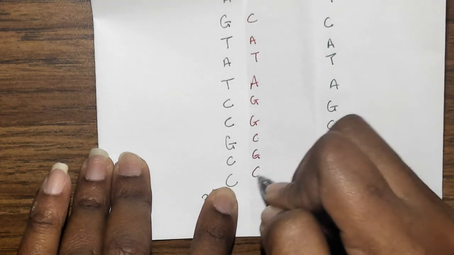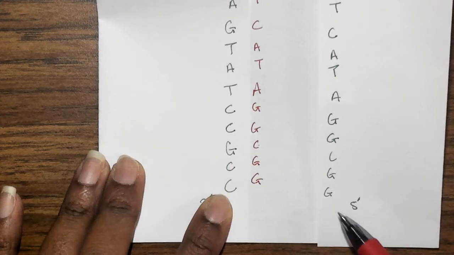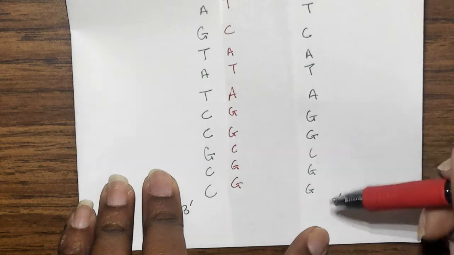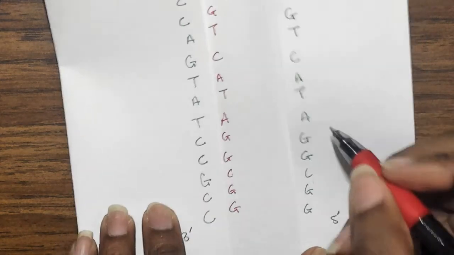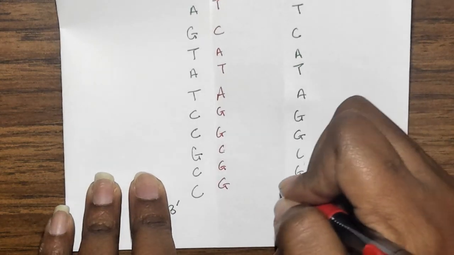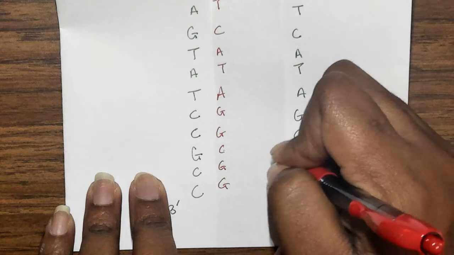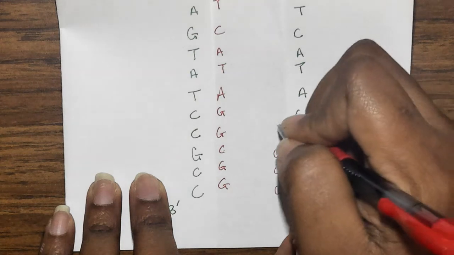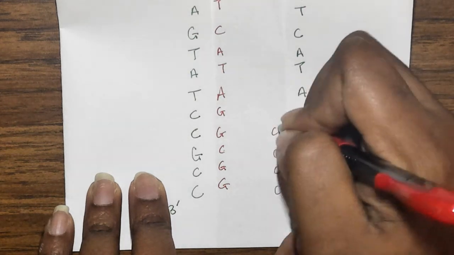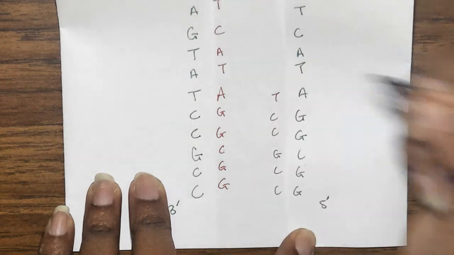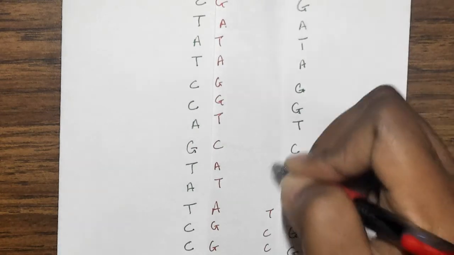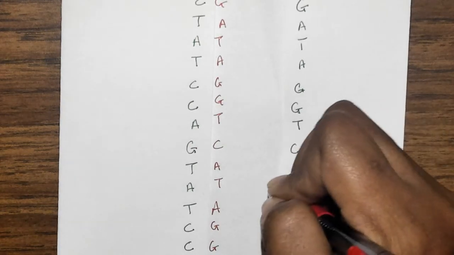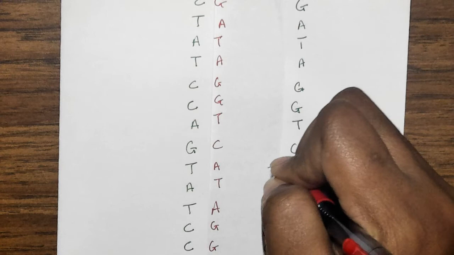good. All right, now we're going to go on this side, and we're going to go in the opposite direction on this side. So GGC, the complement is CCG. For GGA, the complement is CCT. For TAC, the complement is ATG.